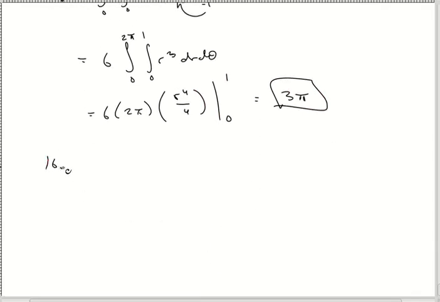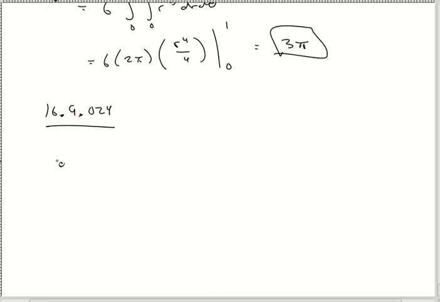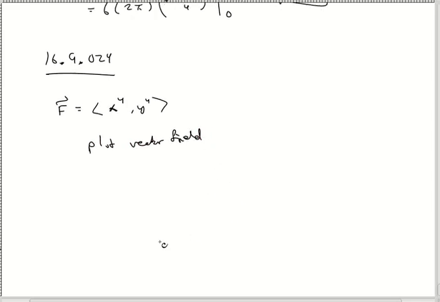Last question, and this one's more of a graphical one. They say that I have an F force field, x to the 4th, y to the 4th, and they say plot this vector field. They're wanting to see what the plot would look like.